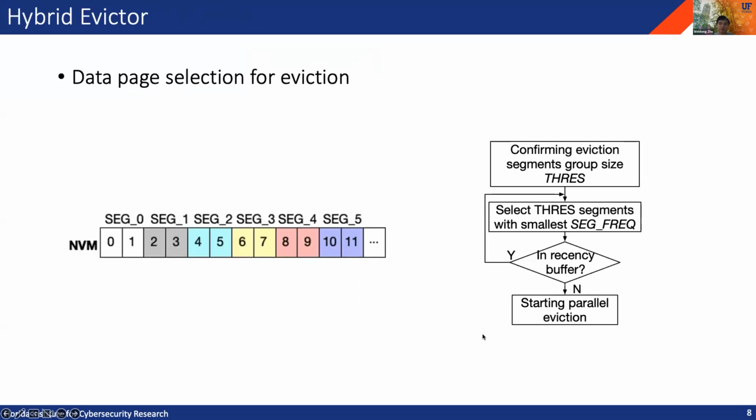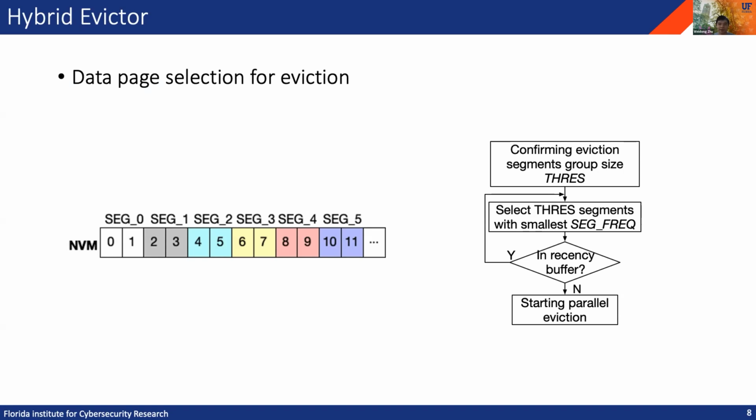For the hybrid Evictor, we divide the NVM storage space into different segments, each of which has the same size as a flash block. Then when eviction needs to be initiated, we first confirm the data pages that need to be evicted from the NVM to the flash memory by selecting segments with the smallest hardness value.